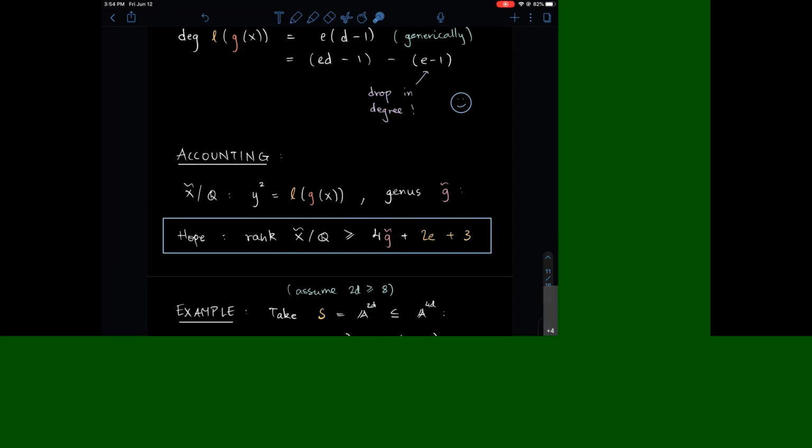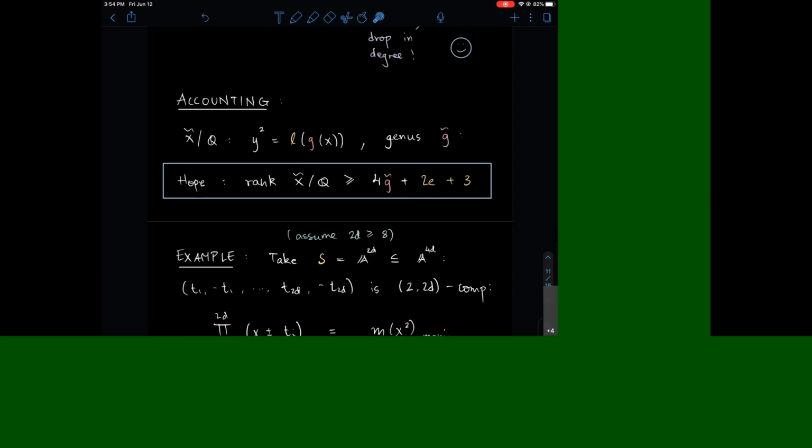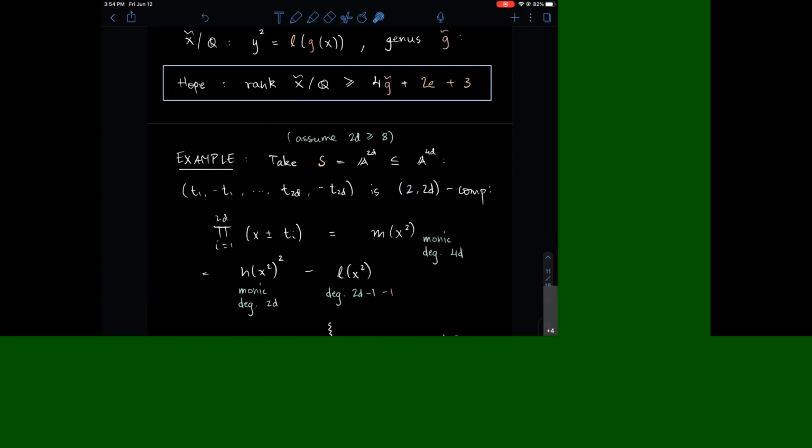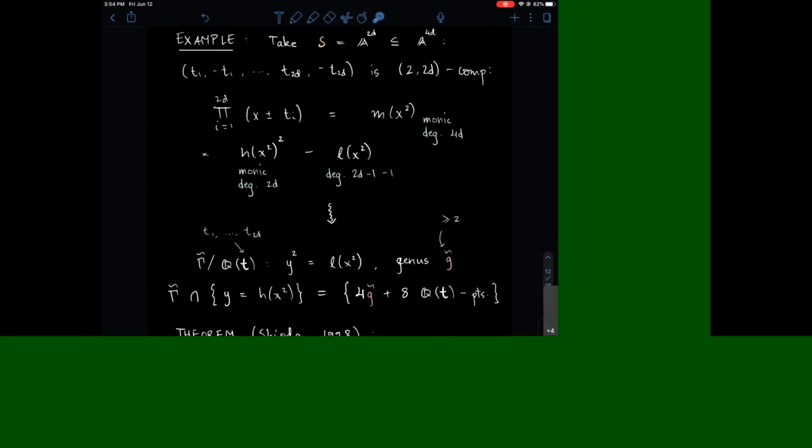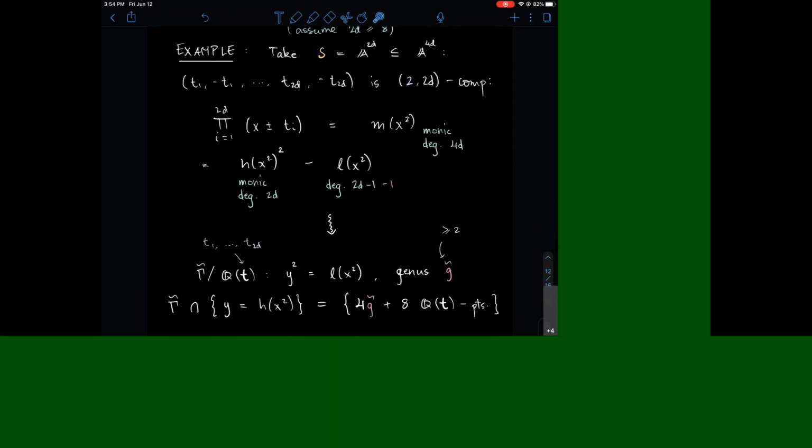First, we need to see that we can actually find such a rational variety. And so we have here what actually turns out to be Shioda's construction. We can just take a bunch of indeterminates and also their negatives, right? And clearly this is going to be a polynomial m composed with x squared.